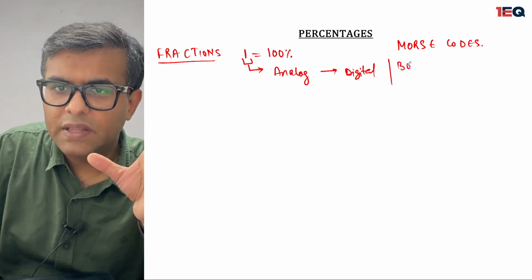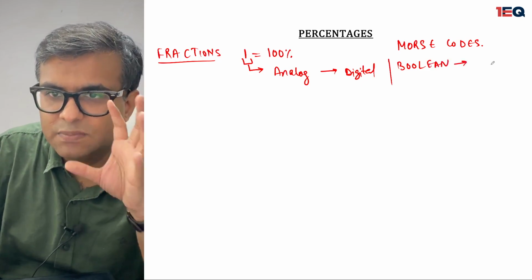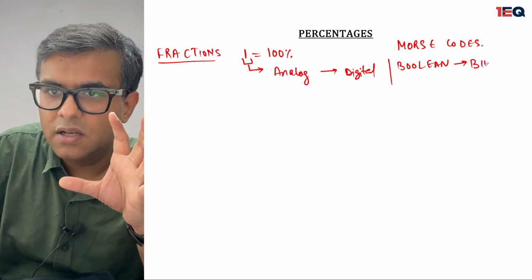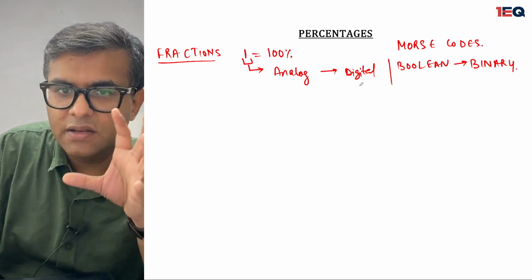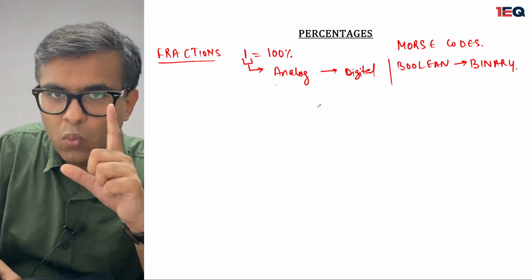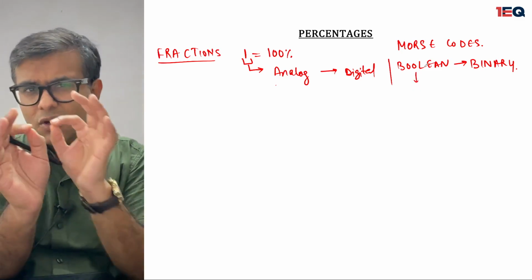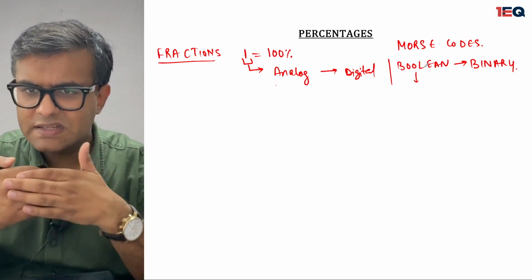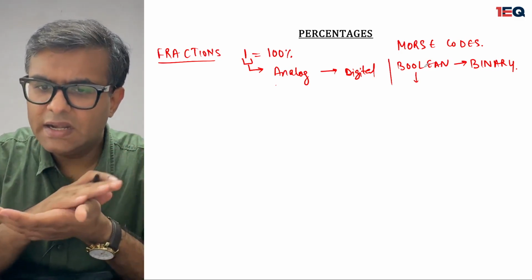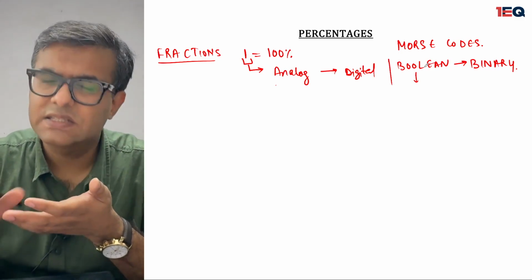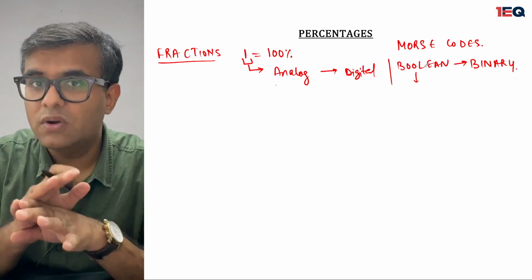You would know that Boolean algebra is based on binary numbers, and it only has one switch. It might get a little complicated for everybody, but trust me, if you understand the simple concept of 0 and 1, the entire chapter has so many beautiful tricks and ways of solving, you can solve it without a pen as well.